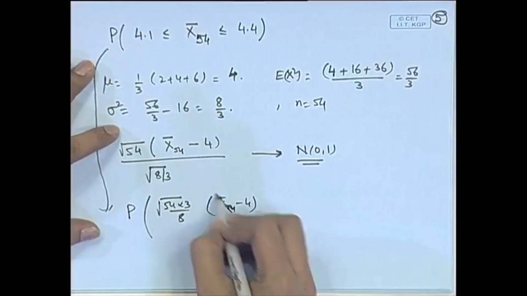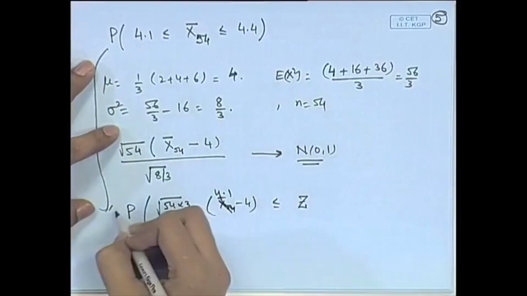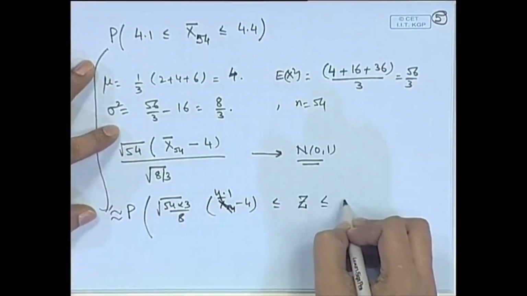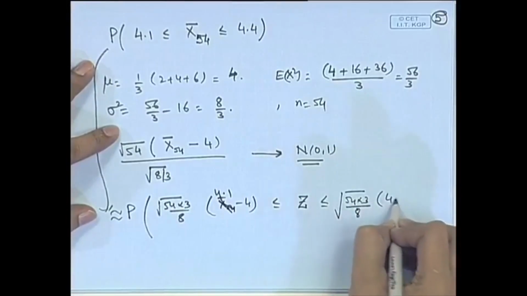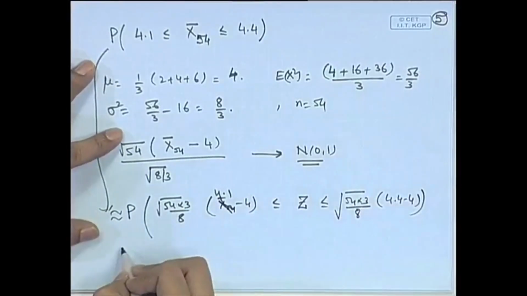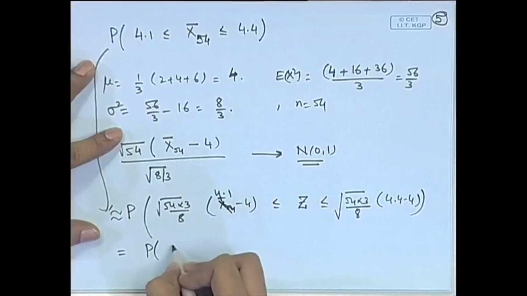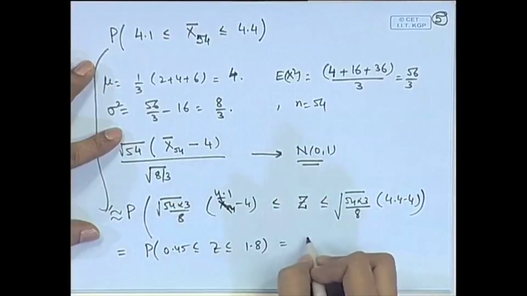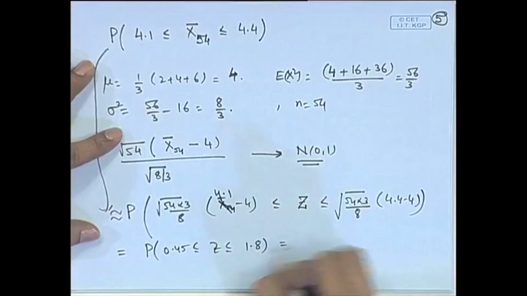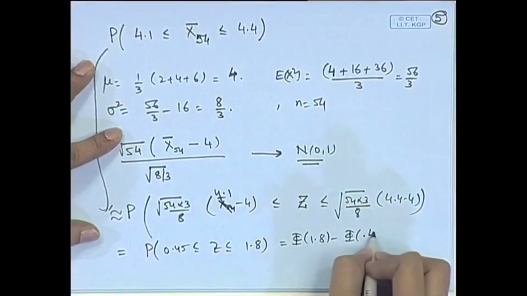So, this is 4.1 minus 4 less than or equal to Z less than or equal to, approximately, root 54 into 3 by 8 into 4.4 minus 4. So, if we simplify these terms, it is the probability of Z lying between 0.45 to 1.8, which is approximately phi of 1.8 minus phi of 0.45.